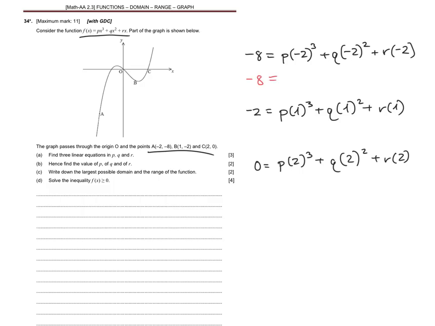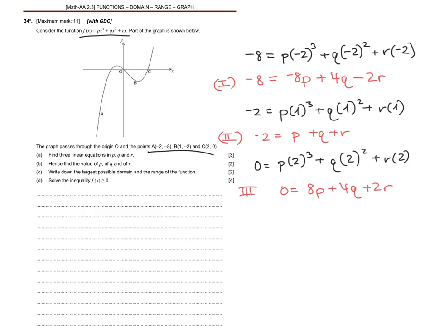All right, so in red, I'm just going to write the simplified versions of these. Negative 8 equals negative 2 cubed is negative 8P. That's 4Q minus 2R. So this is our first. Our second is going to be negative 2 equals P plus Q plus R. And our third is going to equal, 0 is going to equal 8P plus 4Q plus 2R.